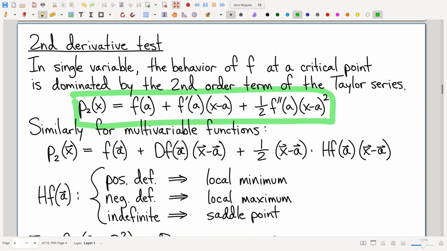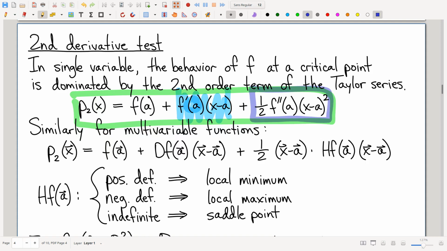And specifically, I can consider points where the derivative is 0, and thus this term disappears. And at those points where the derivative is 0, the behavior of the function is pretty much entirely determined by this one term. And this one term, 1/2 is always positive.